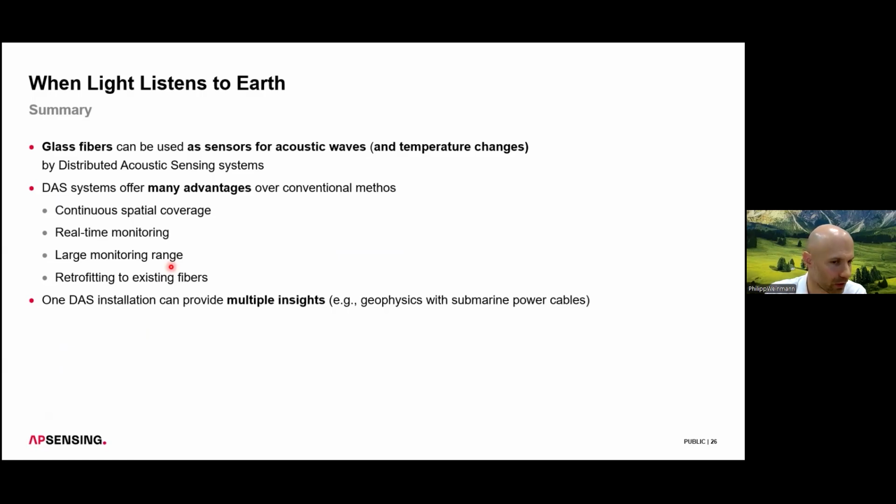It provides continuous spatial coverage, real-time monitoring, and a large monitoring range, and you can also retrofit it to existing fibers. That's what makes it often so interesting, besides the other advantages: you can retrofit it to existing glass fibers, and you can use the same instrument, the same data, for multiple insights.